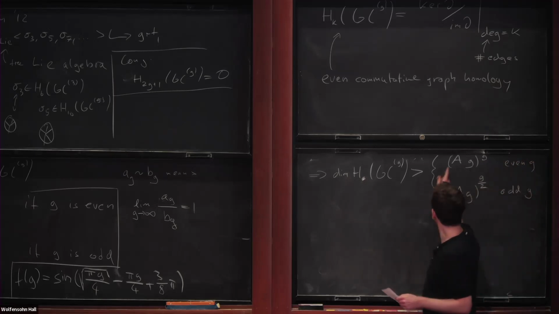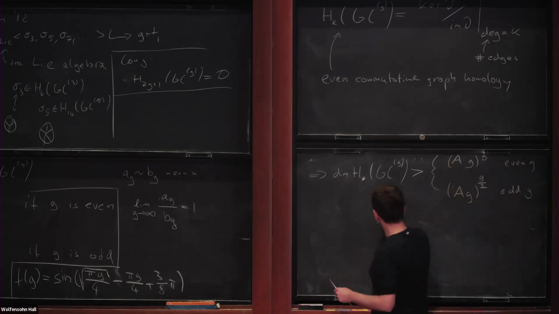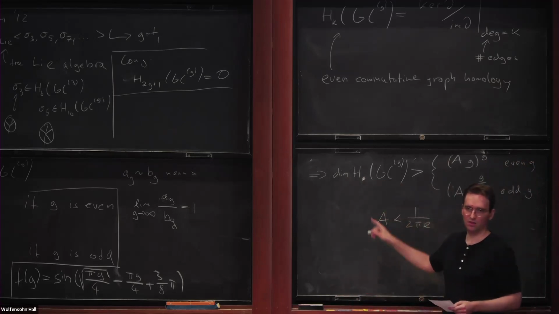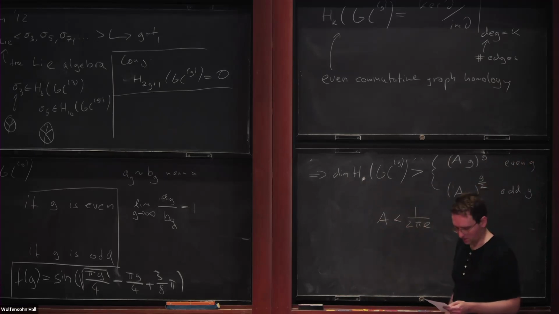And the explicit constants here are that a_g must be just smaller than 2 pi times e. So it follows that there's lots of graph homology.